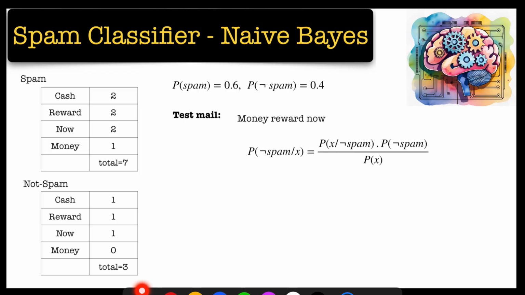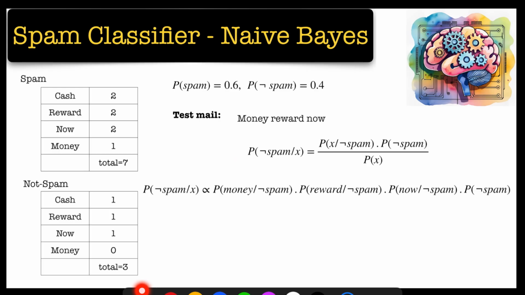Next, for not spam, we compute probability of not spam given x using Bayes theorem and Laplace smoothing. Probability of not spam given x is proportional to probability of money given not spam times probability of reward given not spam times probability of now given not spam times probability of not spam. How many times did money occur in the not spam class? 0 times, right?